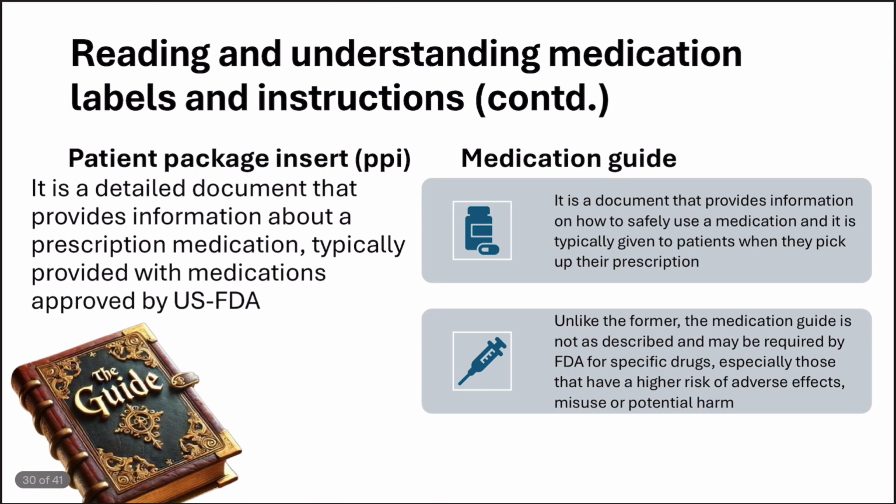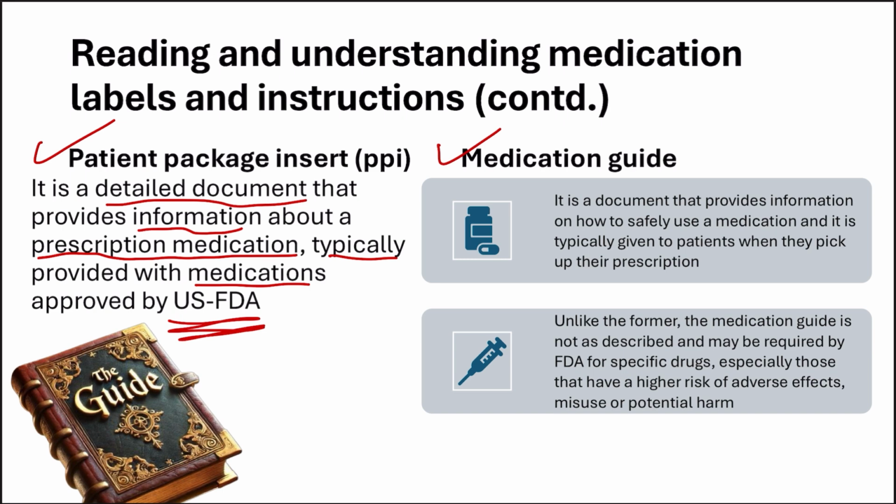Then coming to the other types of labeling, we have the patient package insert and the medication guide. The patient package insert is a detailed document that provides information about the prescription medication, typically provided with medications approved by the US FDA. The medication guide is a document that provides information on how to safely use a medication, and it is typically given to patients only when they pick up their prescription, by the pharmacist.